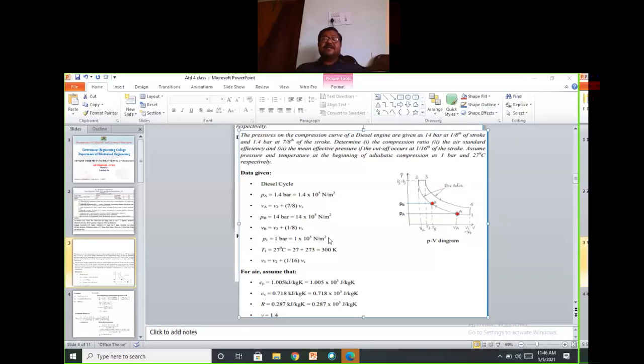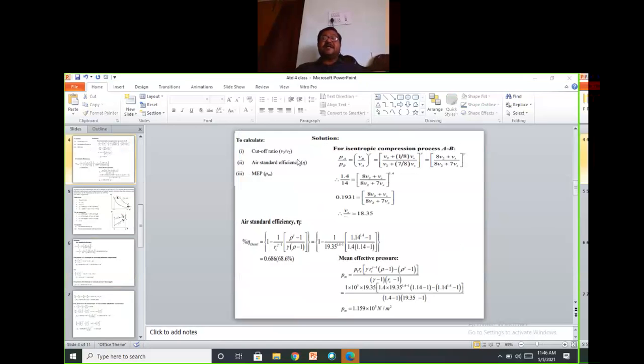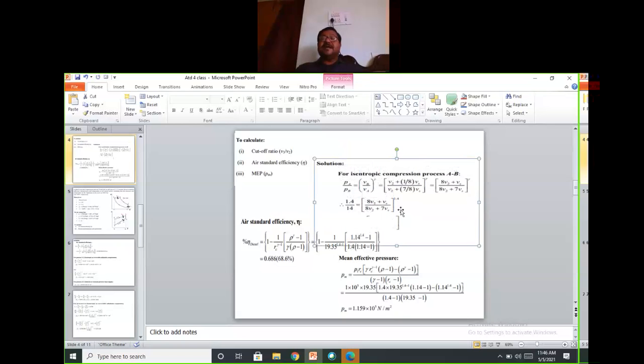These are things you must assume to calculate the cutoff ratio, air standard efficiency, and mean effective pressure. For this, you see here, for an isentropic process, PA by PB is VB by VA raised to the power of gamma.